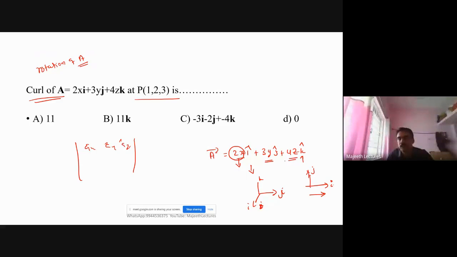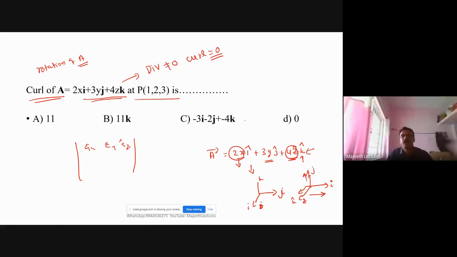Similarly, for z, the vector direction is k, and the component is also along k. If the vector and the component are along the same direction, it has only divergence, right? But curl is 0.